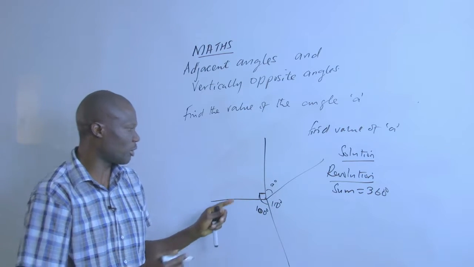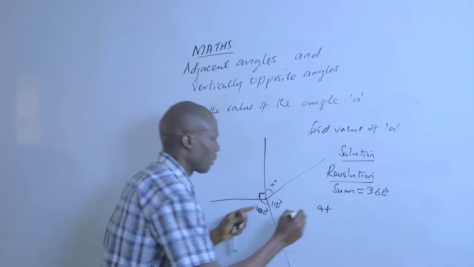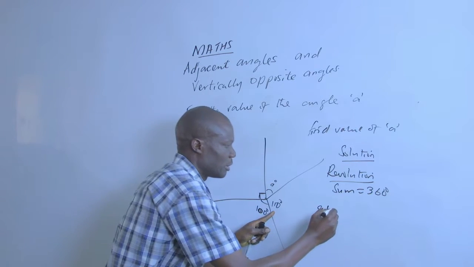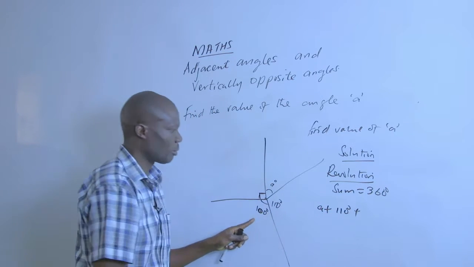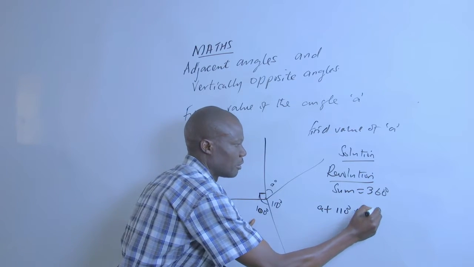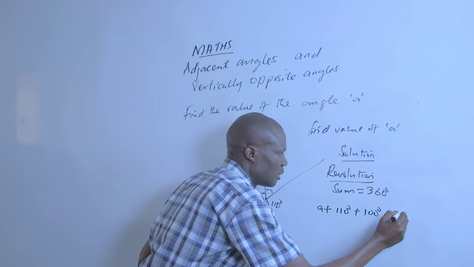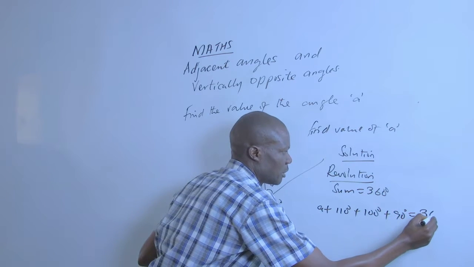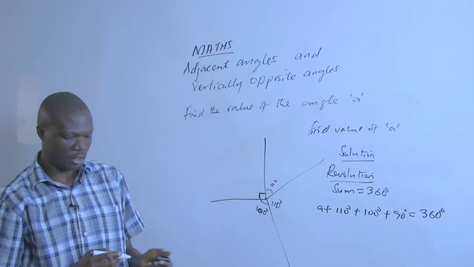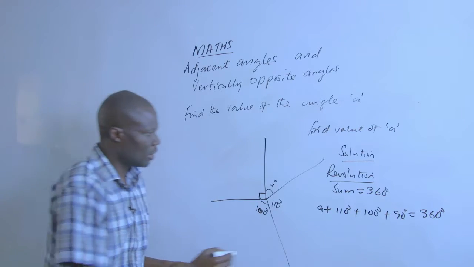So adding them together, we shall have A, which is here, plus 110, plus 100. This side stands for 90 degrees, so plus 90 degrees should give us 360 degrees.